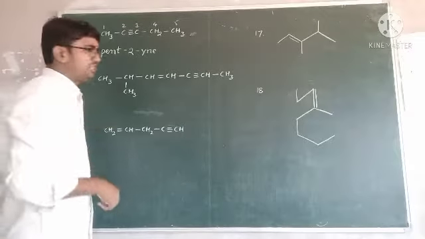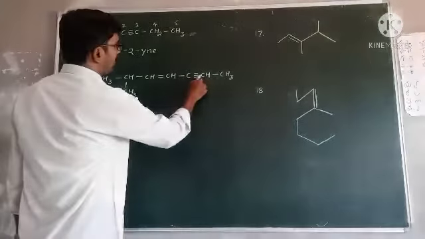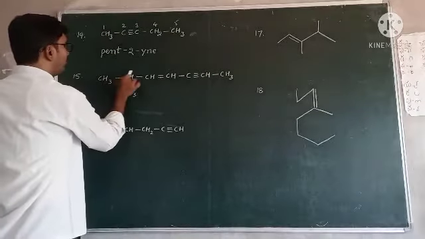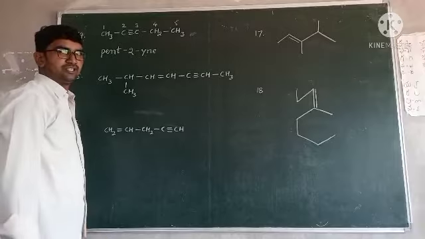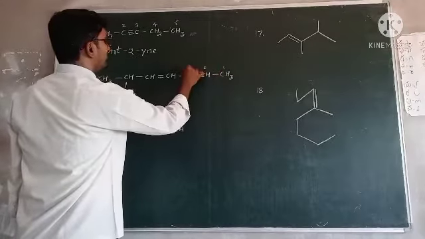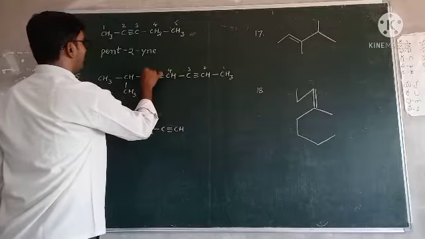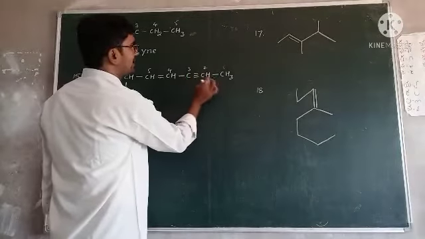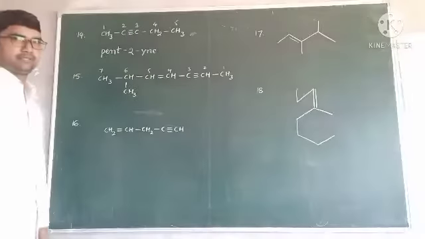But based on the position, actually here triple bond is at second position, but double bond is at third position. So numbering gives to this one only. 1, 2, 3, 4, 5, 6, 7. Because triple bond is attached to that lowest number.